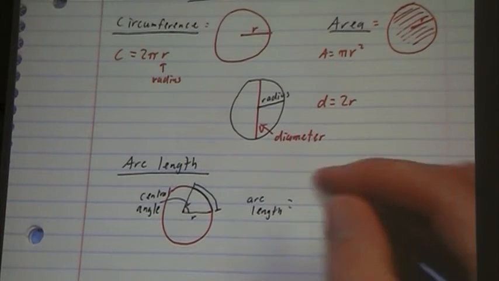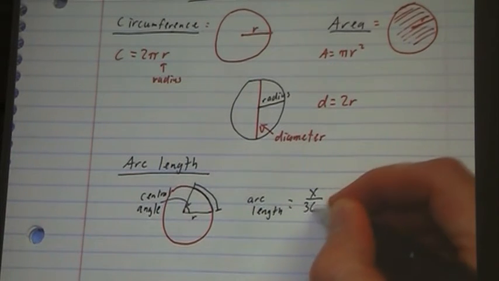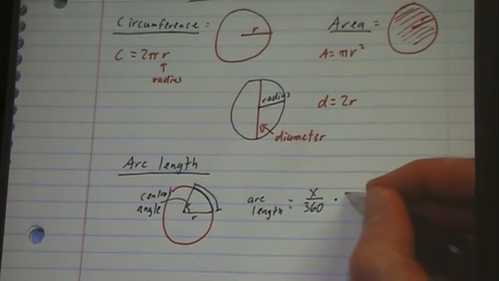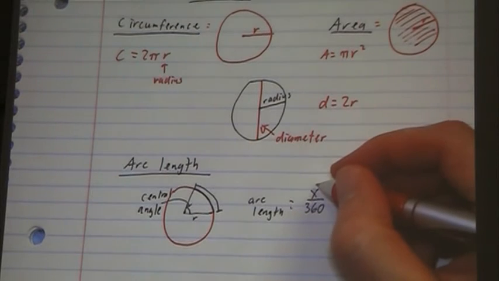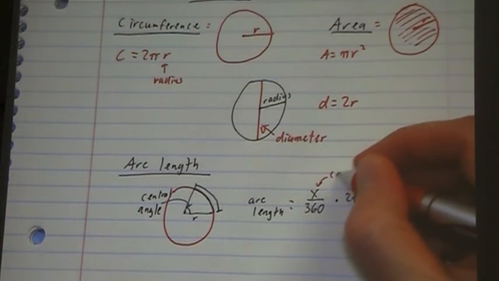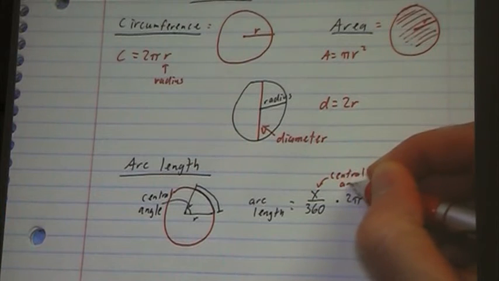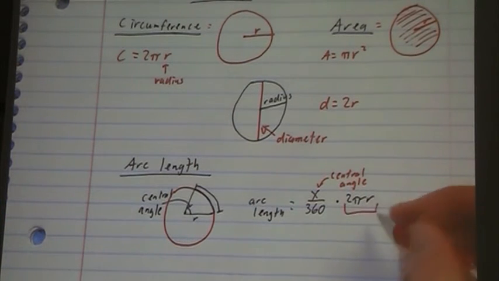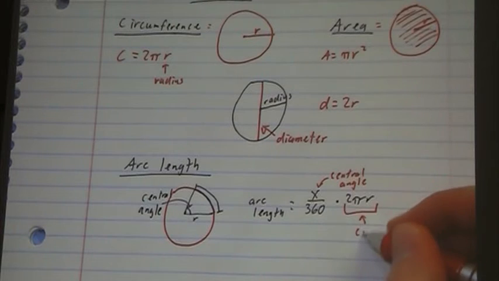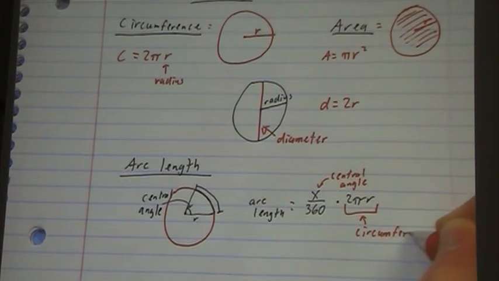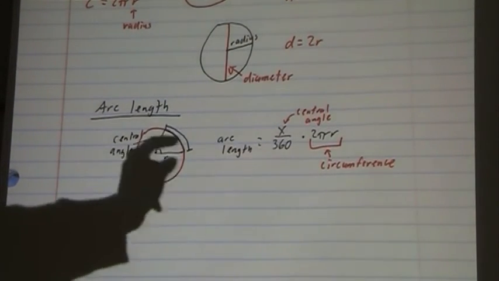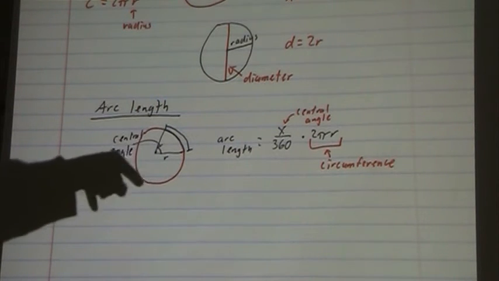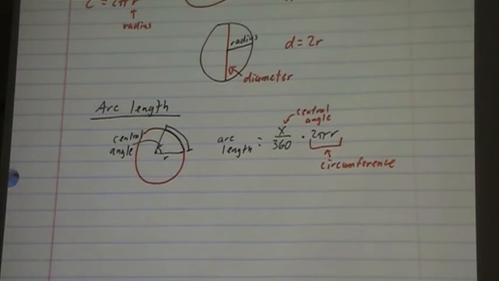It equals x over 360 times 2 pi r. And the x is my central angle. This part here, of course, is our circumference. And what we're really doing is finding the percentage of the circle, and then multiplying it by the circumference.